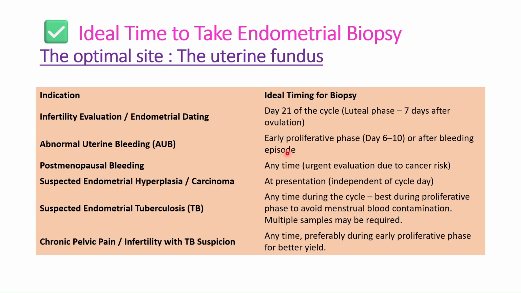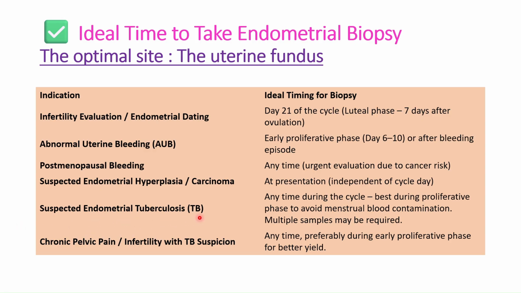Abnormal uterine bleeding, early proliferative phase, day 6 to 10 or after bleeding episode. Postmenopausal bleeding, anytime, urgent evaluation due to malignancy risk. Suspected endometrial hyperplasia or carcinoma at presentation, independent of cycle day.